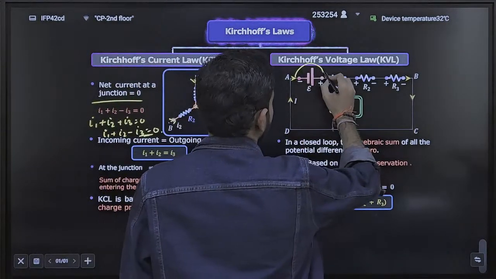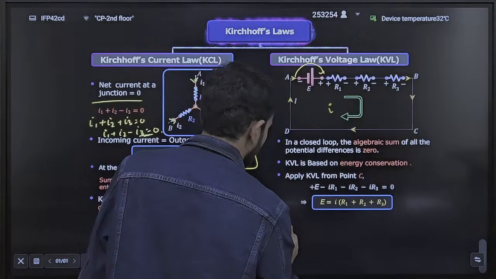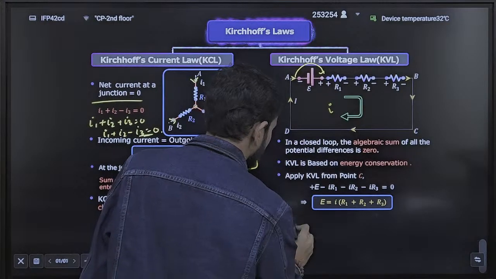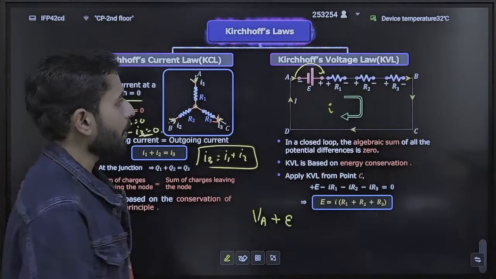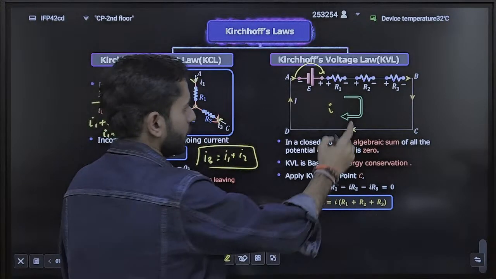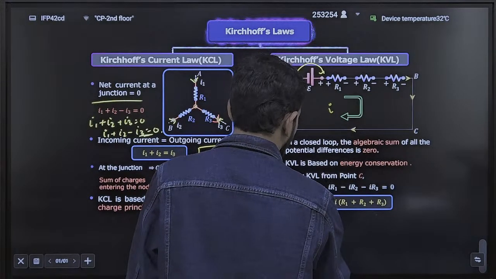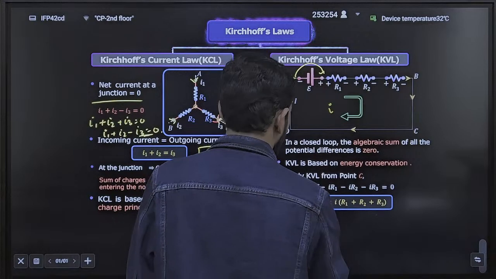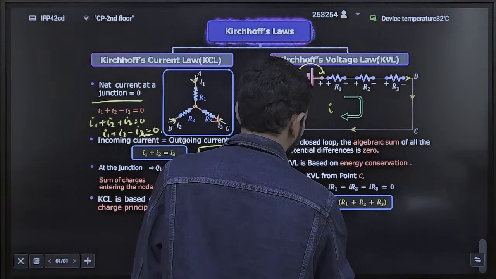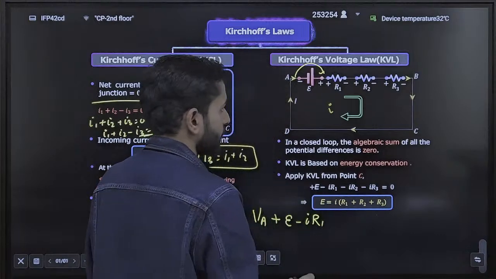Now what is coming in the next step? Lower potential to higher potential, right? Plus E. Then comes R1. The potential across R1 you can write as minus I into R1.